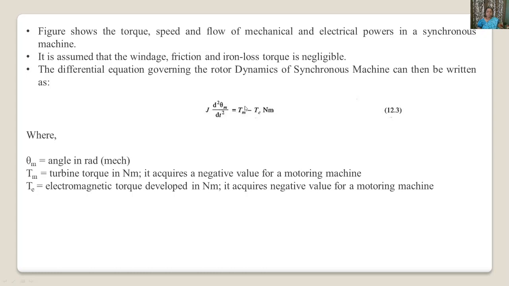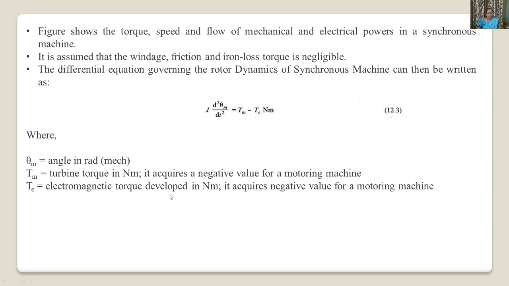The sign of Tm and Te changes depending upon whether the machine is a generator or a motor, where theta m is angle in radian, which is mechanical. Tm is turbine torque in Newton meter. It acquires a negative value for a motoring machine.